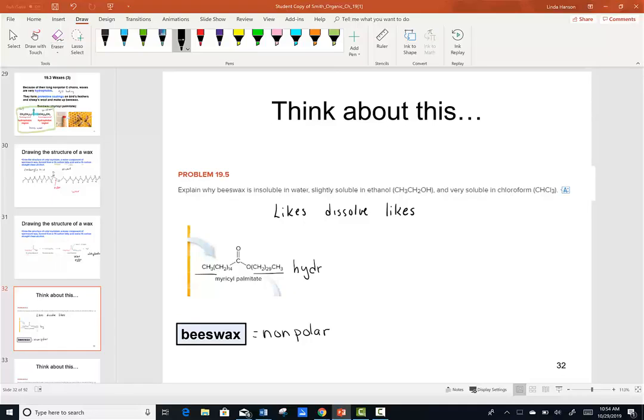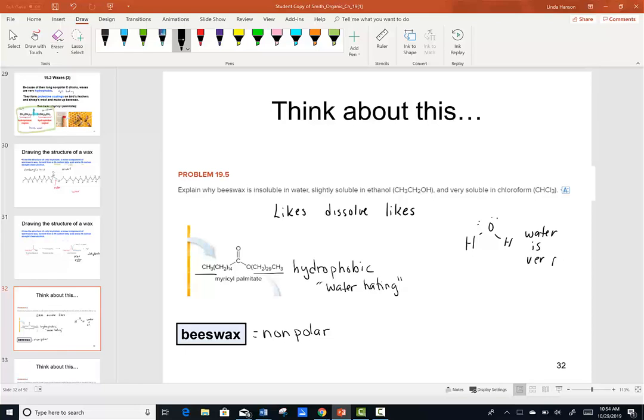Those long carbon chains are hydrophobic, and literally that translates to water-hating. A water-hating molecule. So insoluble in water makes sense, because water is a very polar molecule.